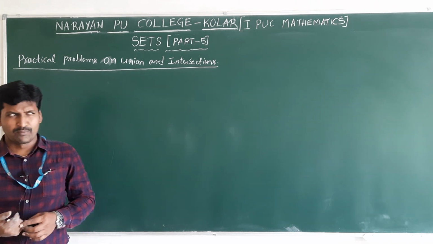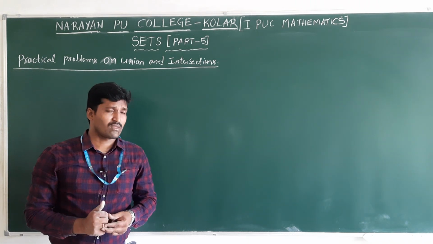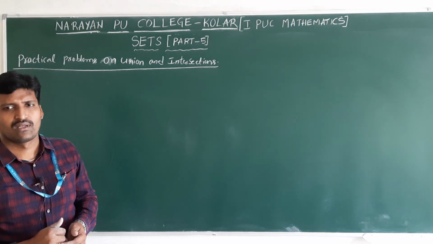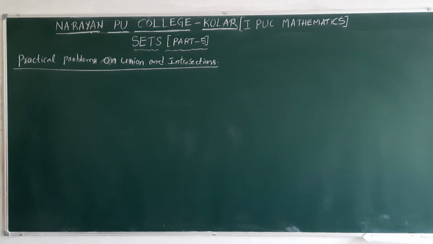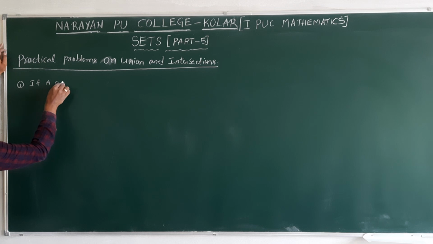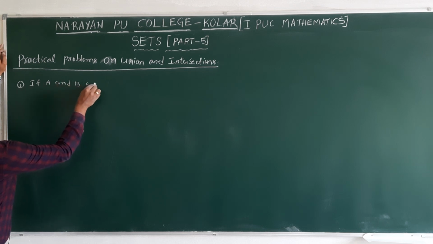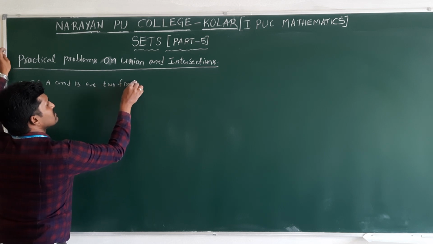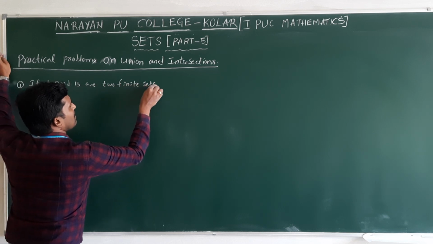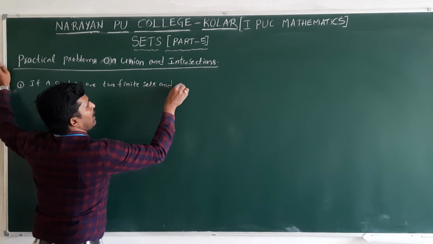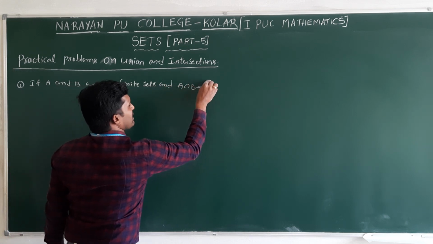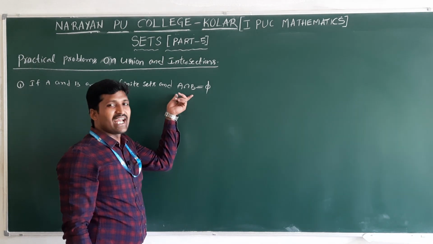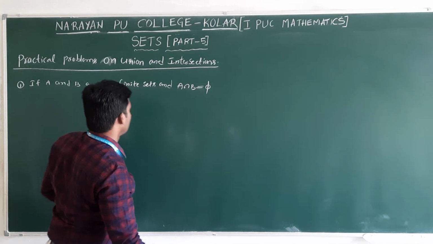Now we will discuss some practical problems based on union operation and intersection. Before that, we need to learn some basic formulas. In this first one, if A and B are two finite sets and A intersection B is empty, this means A and B are disjoint sets.